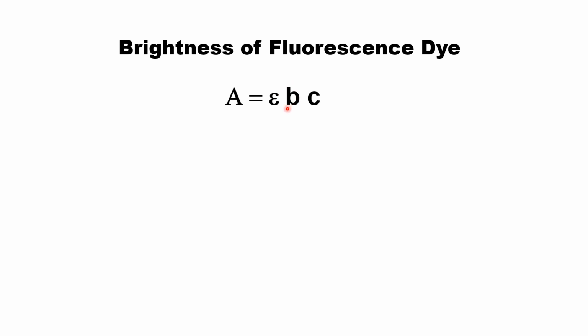And if the path length is increased, it can also absorb more light. But most importantly, the intrinsic property, the extinction coefficient, should be high, then it can absorb more light. The brightness of the molecule is defined by extinction coefficient multiplied by quantum yield.